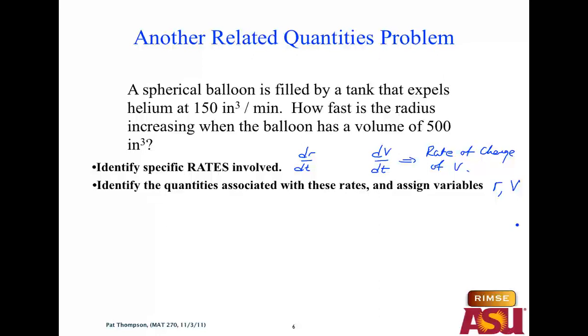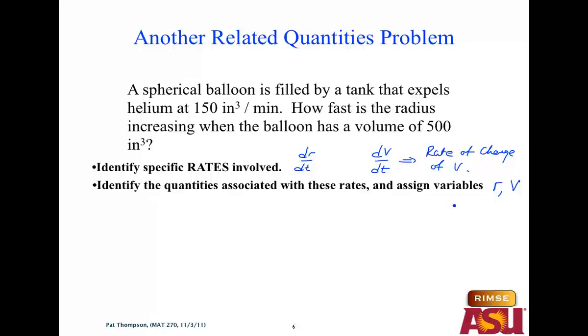If we want the related rates equation, what do we need? An equation that associates the two, radius and volume. To get the equation that associates these rates, we first need the equation that associates r and V. And what is that?